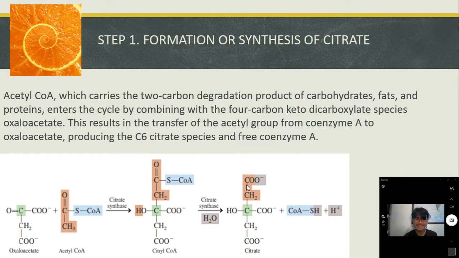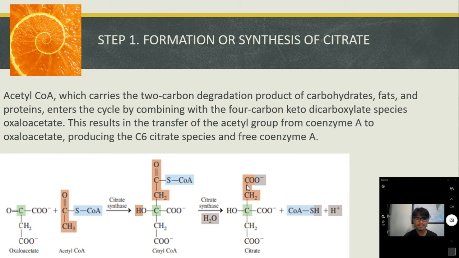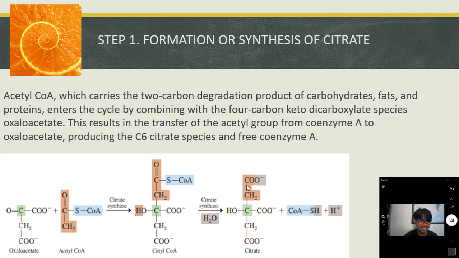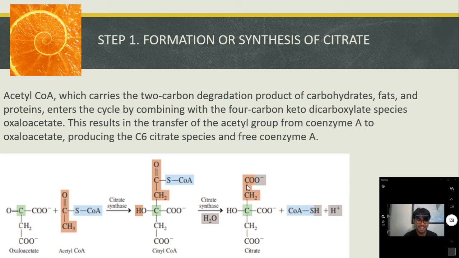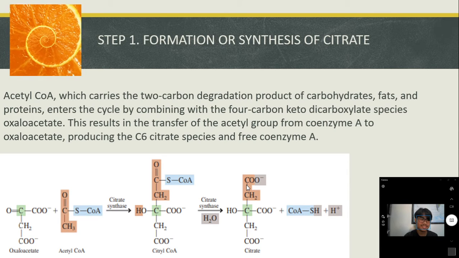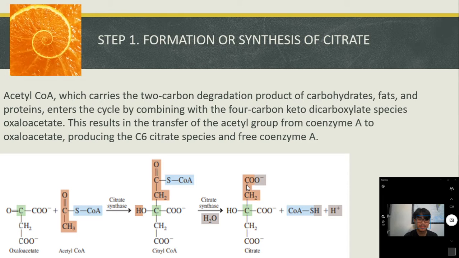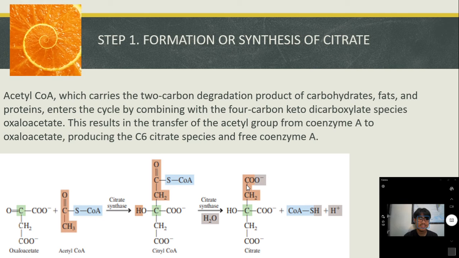Step 1 is the formation, or the synthesis, of citrate. Acetyl coenzyme A, which carries the 2-carbon degradation product of carbohydrates, fats, and proteins, enters the cycle by combining with the 4-carbon keto dicarboxylate species oxaloacetate.